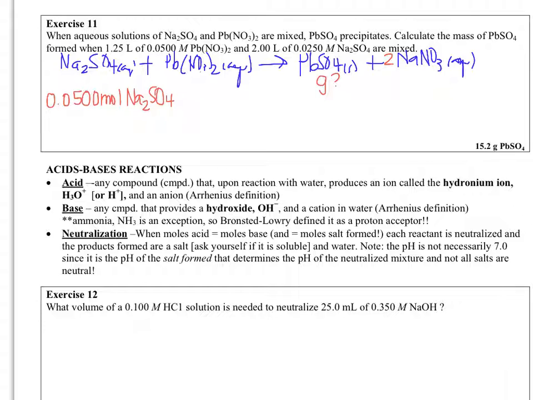So now that we have our limiting reactant, let's use some stoichiometry and let's convert that to grams of lead sulfate. To get rid of my moles of sodium sulfate, I'm going to use my molar ratio. It is a 1-to-1 ratio. For every 1 mole of sodium sulfate, Na2SO4, I create 1 mole of lead sulfate.